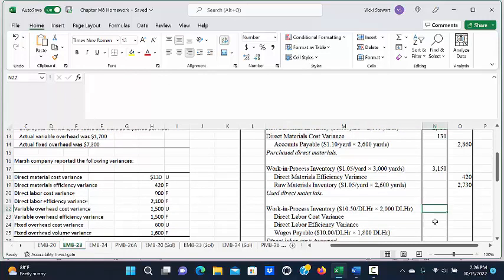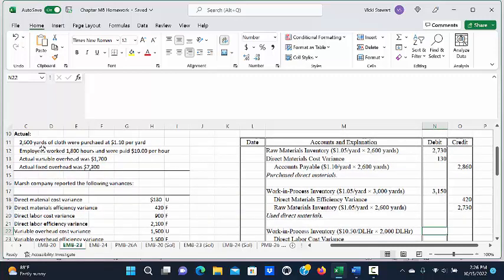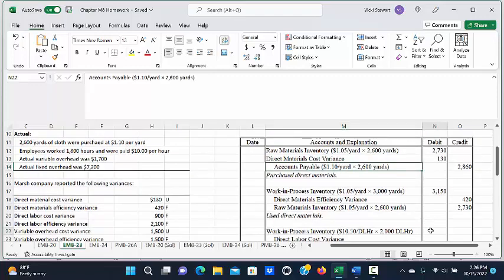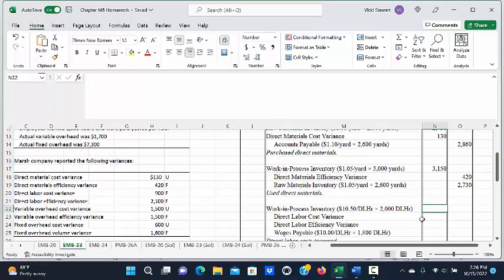Next, we would debit work in process inventory for the standard direct labor hours, which the problem stated was 2 direct labor hours per unit at $10.50 per hour. Since we produced 1,000 units, then we should have used 2,000 direct labor hours. So 2,000 times 10.50 would be $21,000 to work in process. We actually paid $10 per hour for 1,800 direct labor hours, or $18,000.